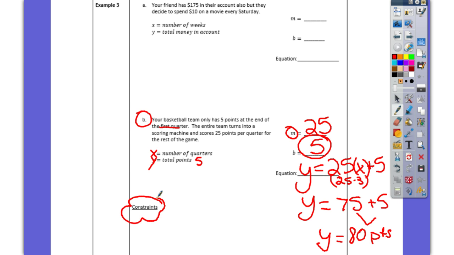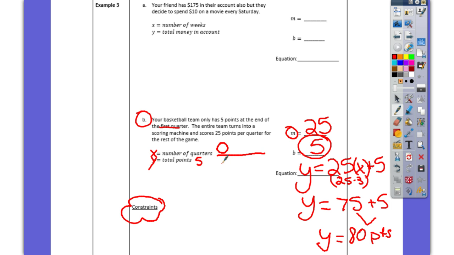Yeah. Okay. So the constraints on this would be, what would the constraints be? Because we just talked about this. How many quarters in for the x? Number of quarters. What would our constraints be? We could only, what would make sense? 4. We could only use 0.